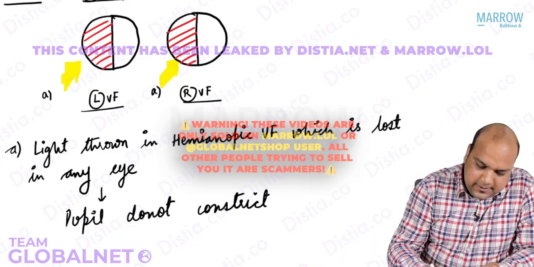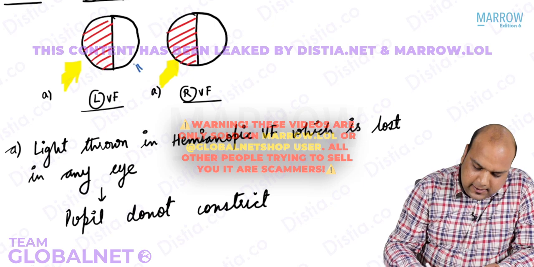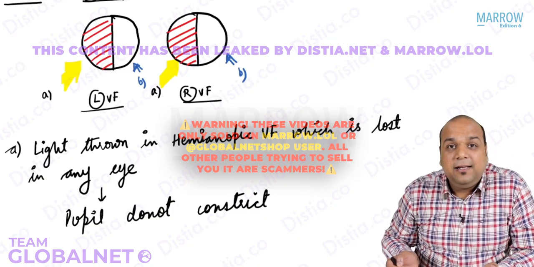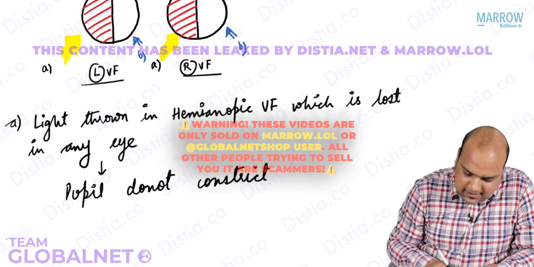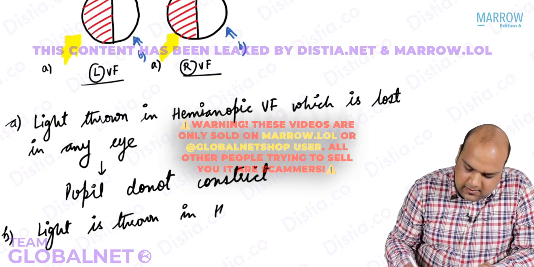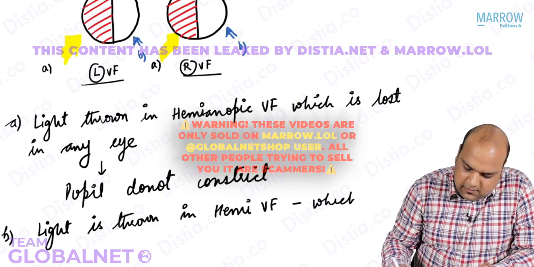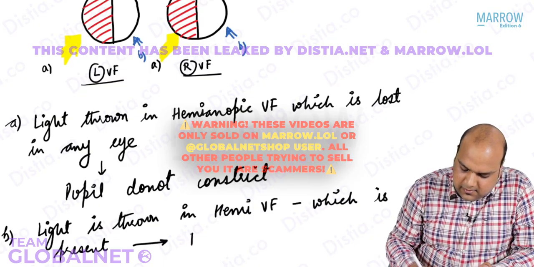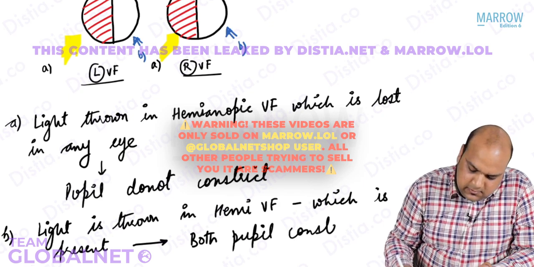Okay, everybody. So if I throw light on the left side in any of the eye, pupil will not constrict. But if I throw light here, I am terming it point B, then both the pupil will constrict. So point B, if light is thrown in hemivisual field which is present, both pupil constrict.